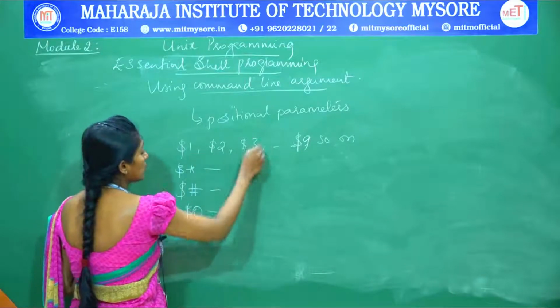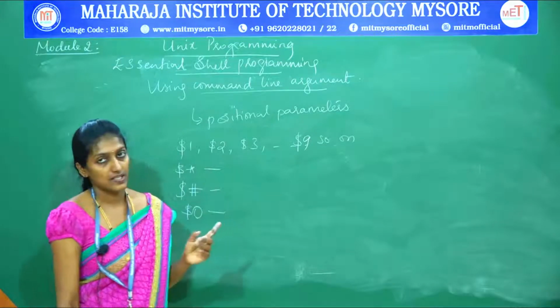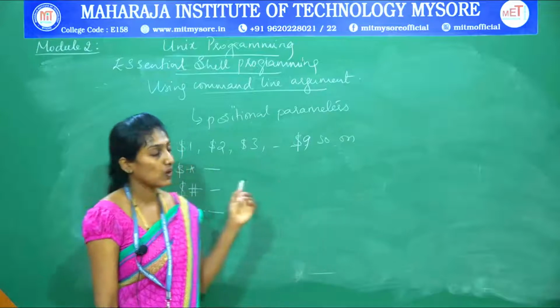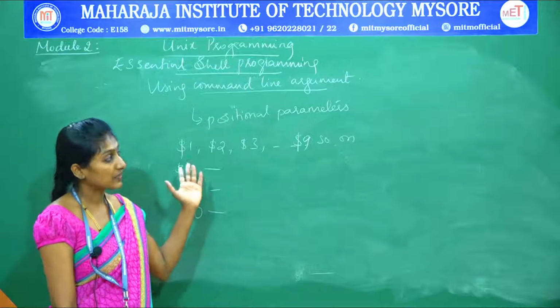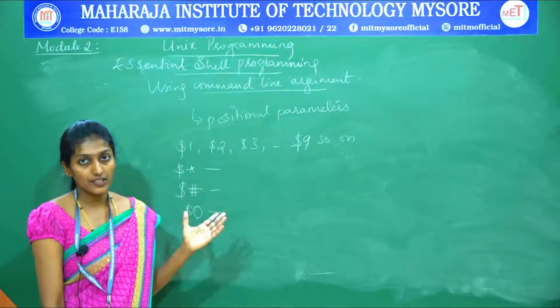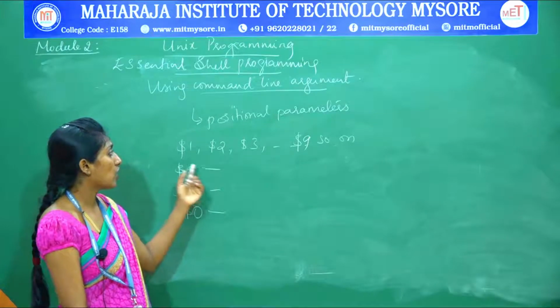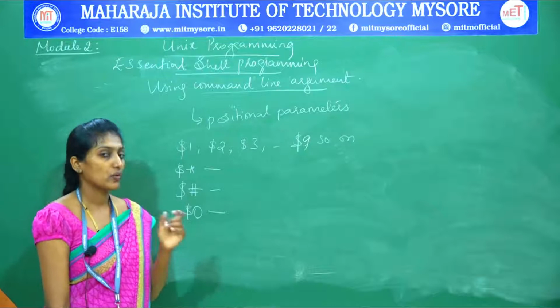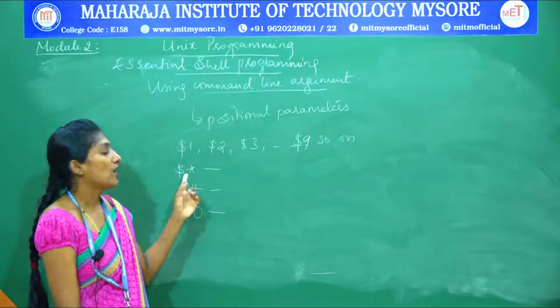So $1, $2, $3 represent the arguments you have provided as input. Like in the previous example, where I read a file name and a pattern, those are stored under $1 and $2. The first argument you provide as input will be stored under $1, the second under $2.